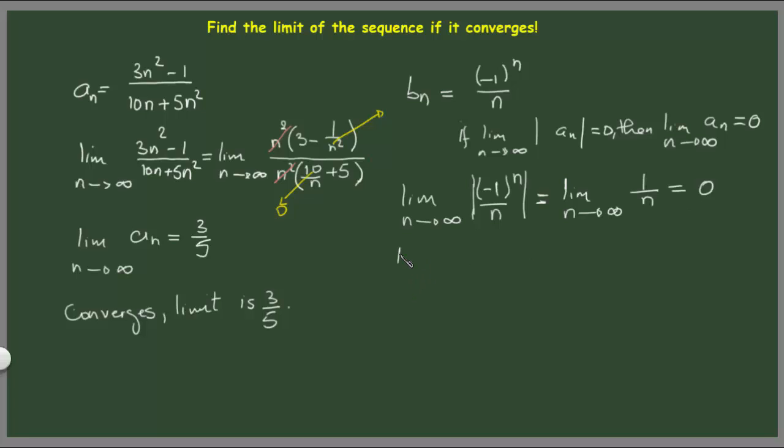So we can say that the limit as n approaches infinity of (-1) to the power of n over n equals 0, and the sequence converges also to a value of 0.